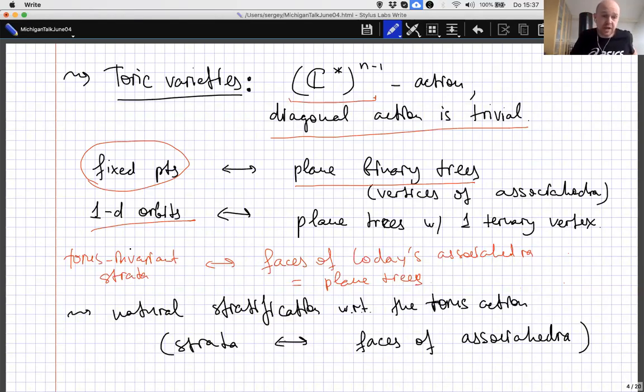On the other hand, I know that in this construction they should be in correspondence with the torus invariant strata in the toric variety that I get, right?